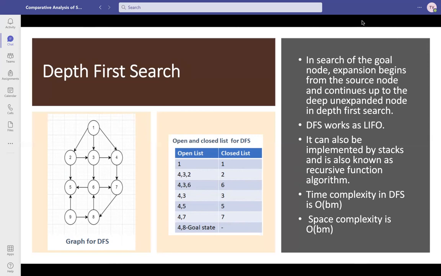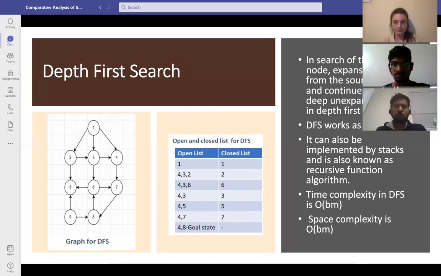Depth first search follows ascending order: after initiating the source node we go to node 2, then from node 2 we go to 6, and the pattern is given in this table: 1 2 6 3 5 7. Node 2 is expanded and the child node 6 is added to the stack using the last in first out method.